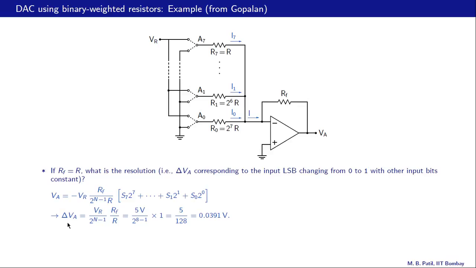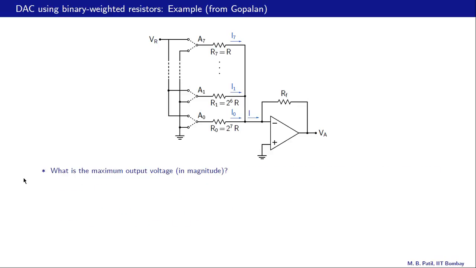So the resolution, which is delta VA when this bracket changes by 1, is given by this factor here, which is reproduced here, and that is 5 volts, that is VR, 2 raised to 8 minus 1, this number here, times RF by R, and RF and R are assumed to be equal, so therefore this turns out to be 0.0391 volts or 39.1 millivolts.